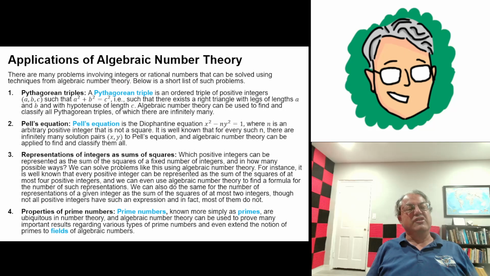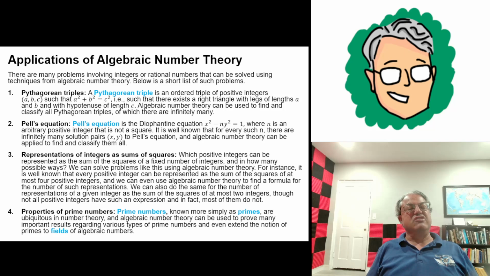We know that a squared plus b squared equals c squared whenever you have a right triangle with legs of length a and b and a hypotenuse of length c. So these Pythagorean triples correspond to sides of a right triangle. You have a right triangle with integer sides, and you might wonder, for what integers does this work? What triples of numbers are Pythagorean triples?